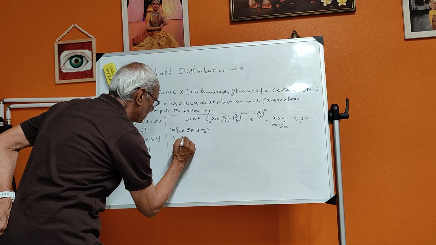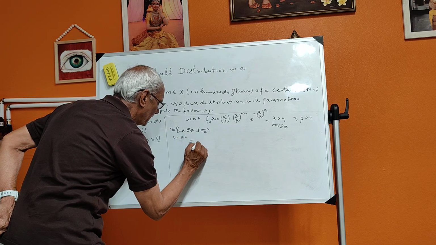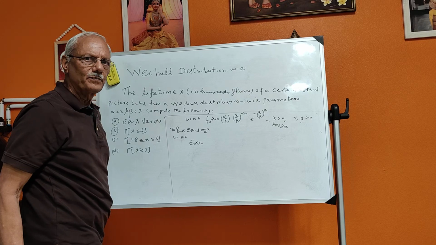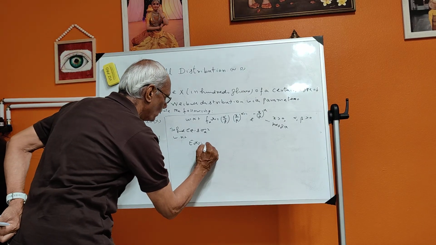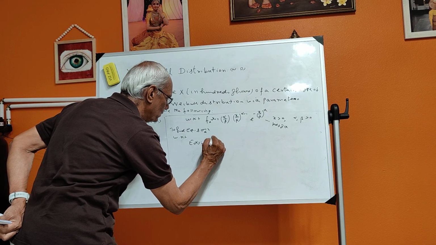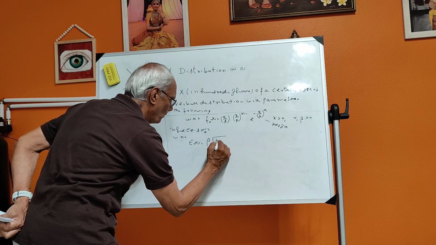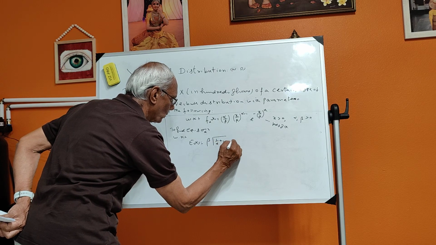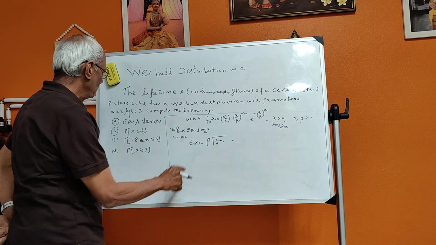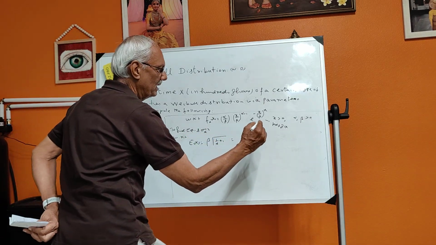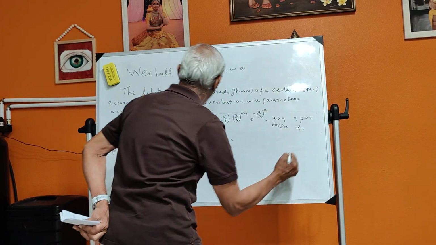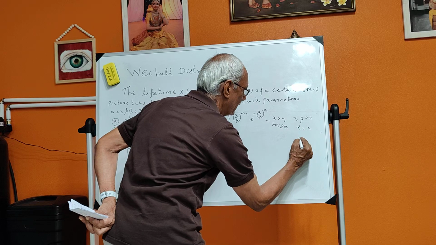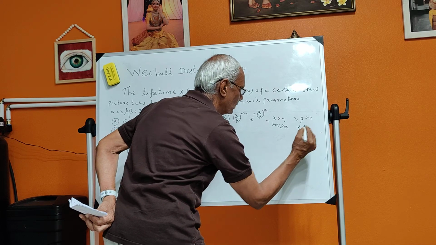We know that E of x is equal to beta into gamma of (1/alpha plus 1). You have given alpha and beta: alpha is equal to 2 and beta is equal to 3.